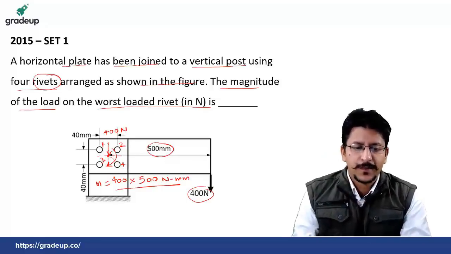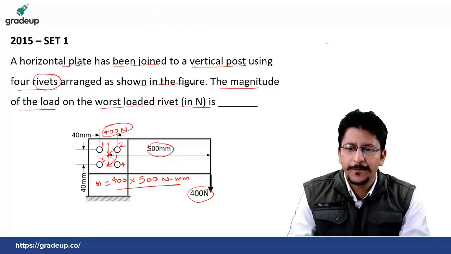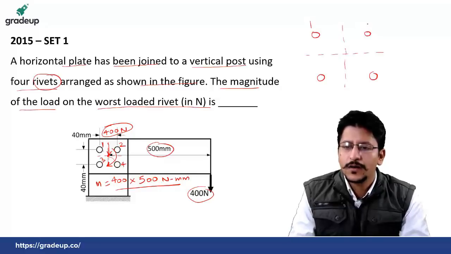Then this axial load will cause primary shear stress. Let me draw this diagram once again for better understanding. These are the rivets 1, 2, 3 and 4, and we have a load this way, 400 Newtons.